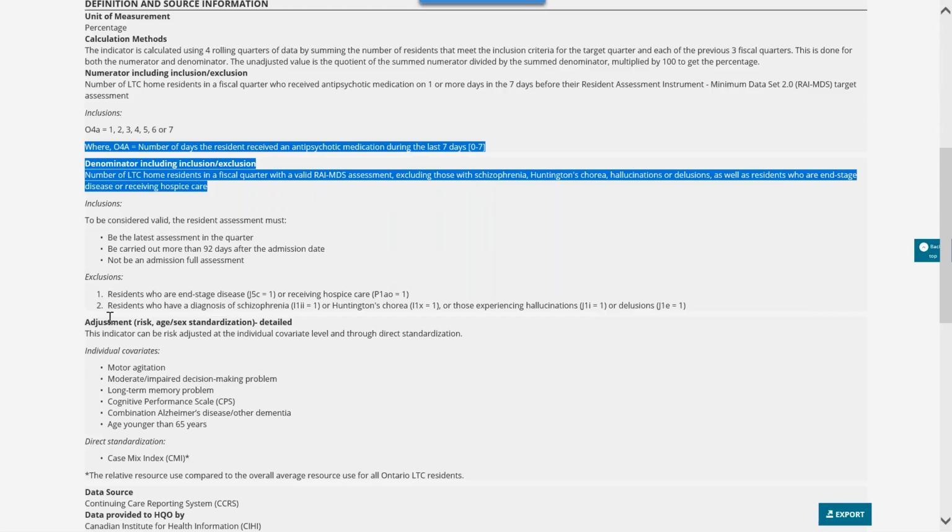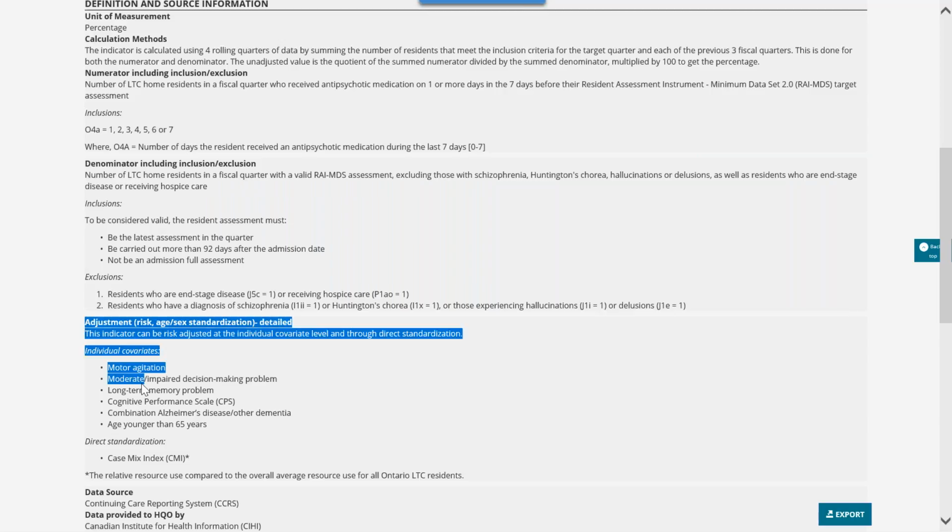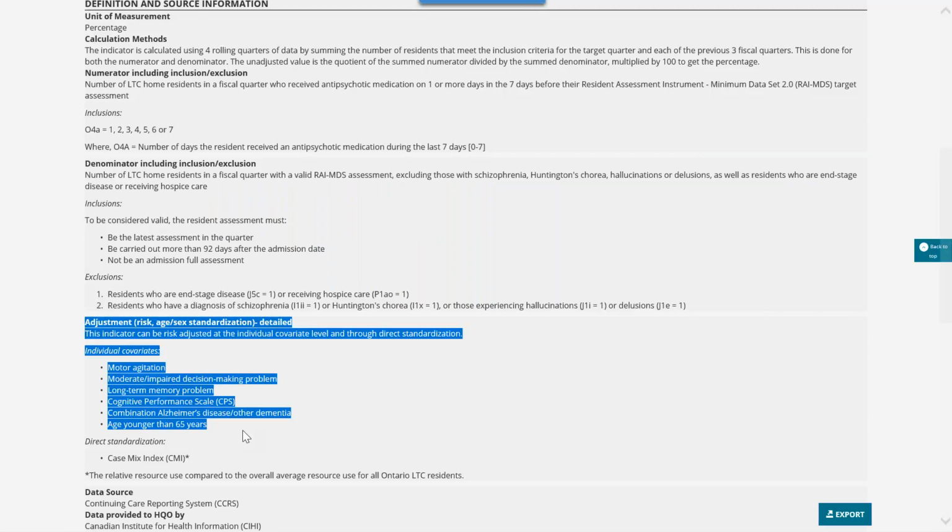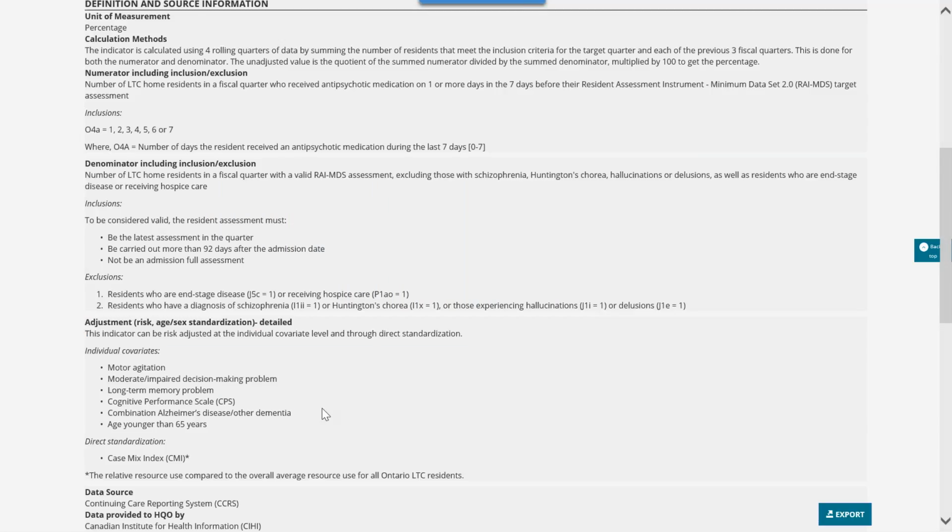And this is the population risk adjustment. Here's where you can see the description of the factors that are used to population risk adjust the indicator. So in the case of the antipsychotic, you can see there's a scale called motor agitation.